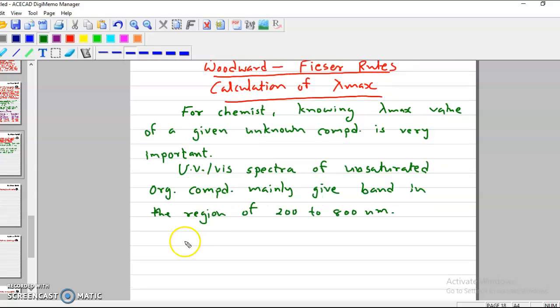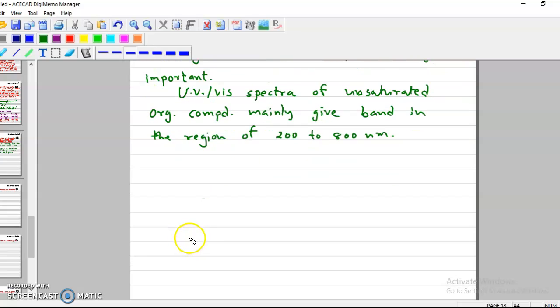In organic chemistry, normally a structure is given.